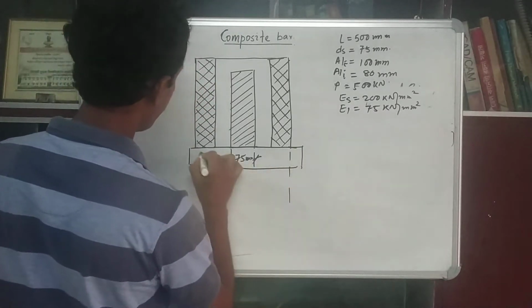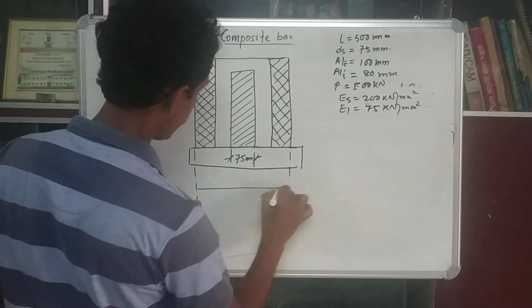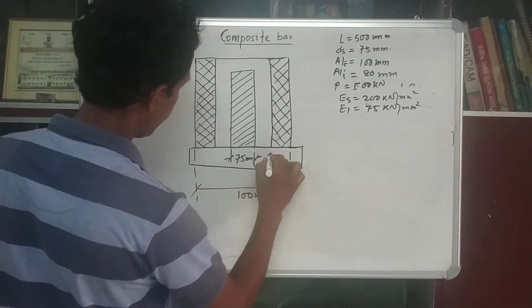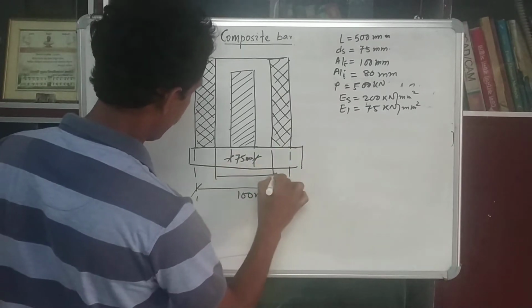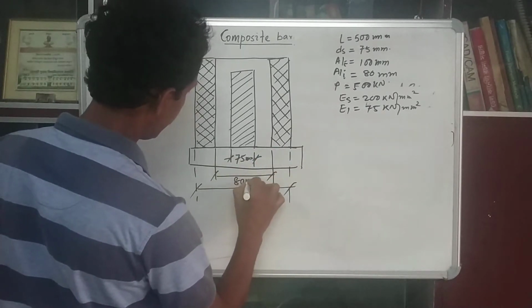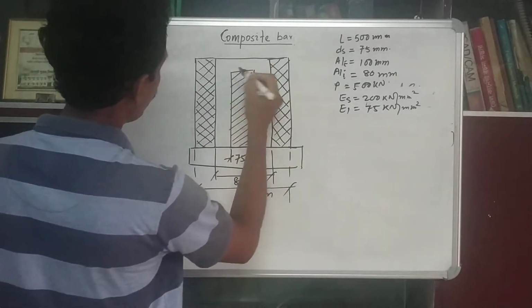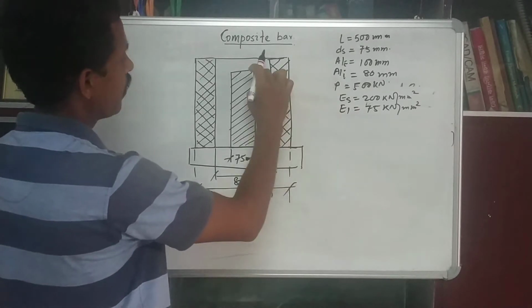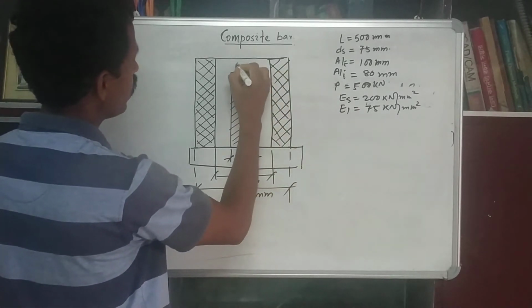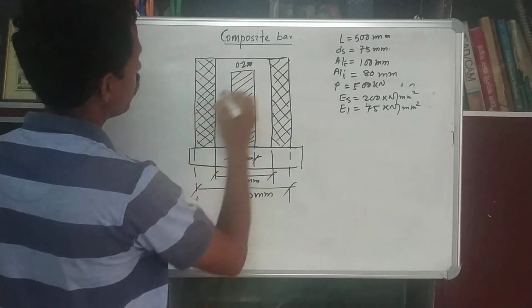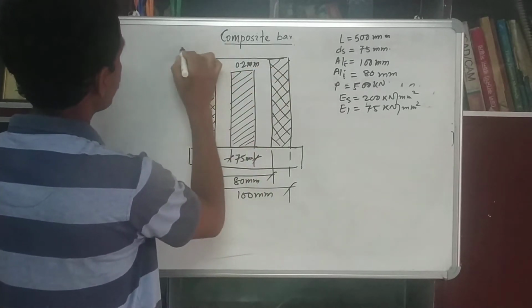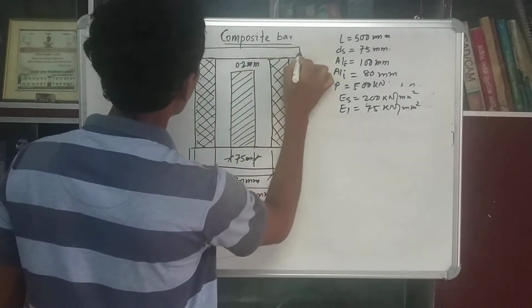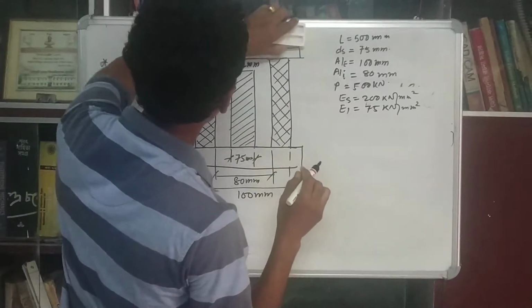So external diameter is 100 mm, then internal diameter of aluminum is 80 mm. The aluminum tube is longer than the steel bar by 0.2 millimeter, and that is also fixed, through which a compressive load was given.